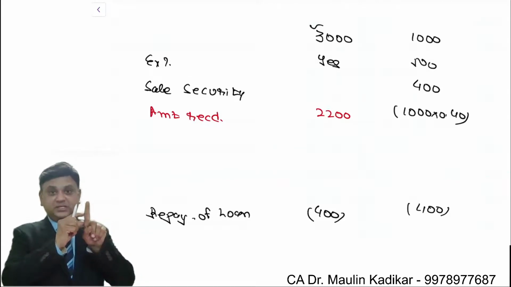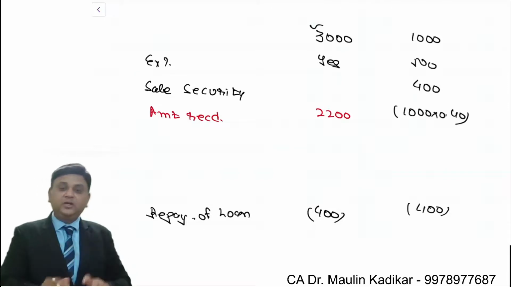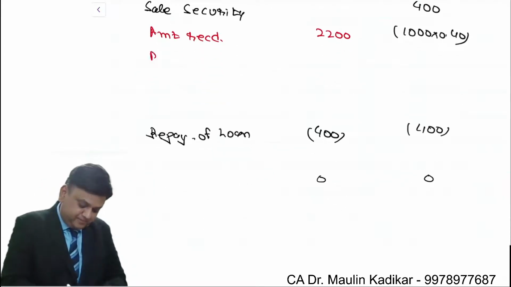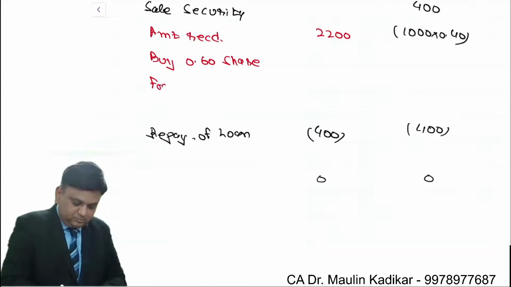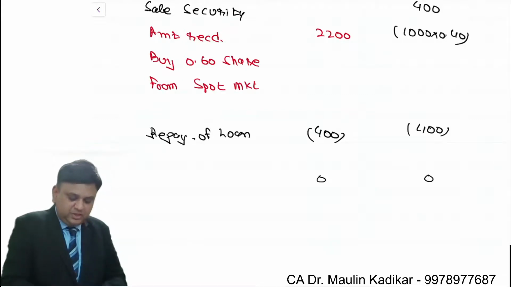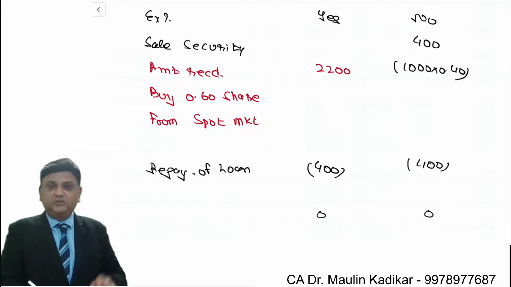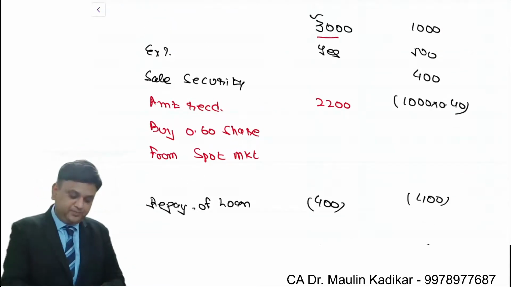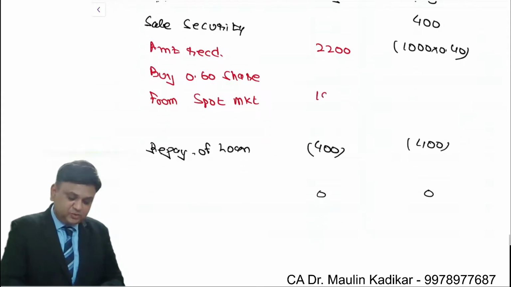So in order to make it 1, I have to buy 0.6 share from the spot market, which I will give to the option holder. 3000 into 0.6 comes to 1800.